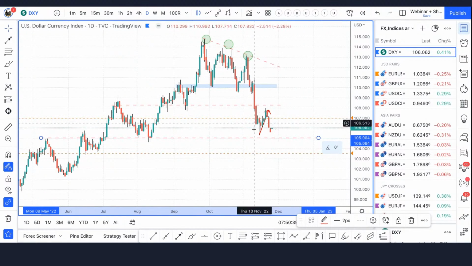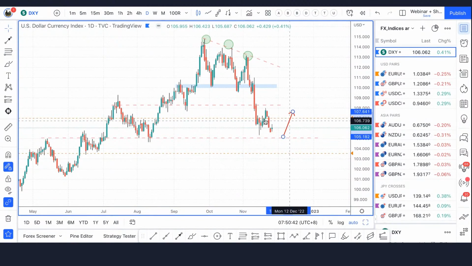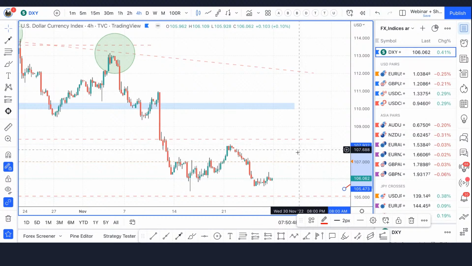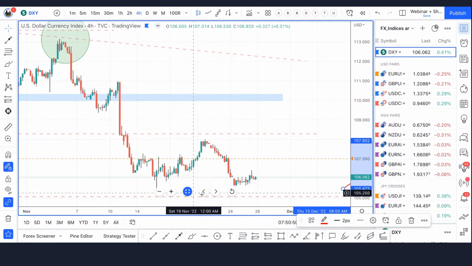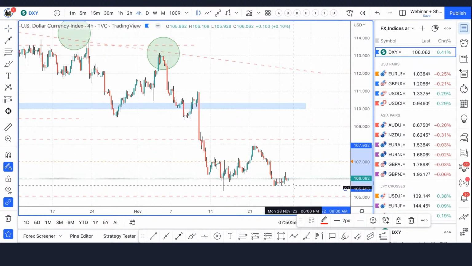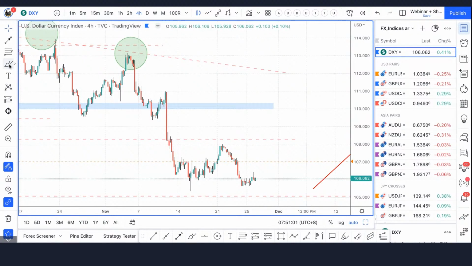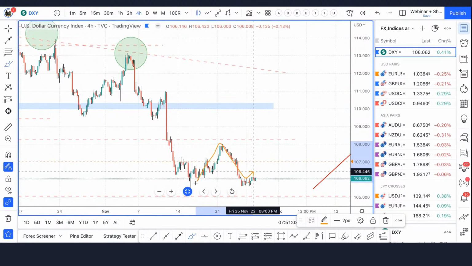So far it is still supported in this zone, and it might bounce up again, or not. Unless it has a very decisive move downwards, it will continue downwards again. But right now, like I mentioned, towards the end of the year, it might be consolidating.